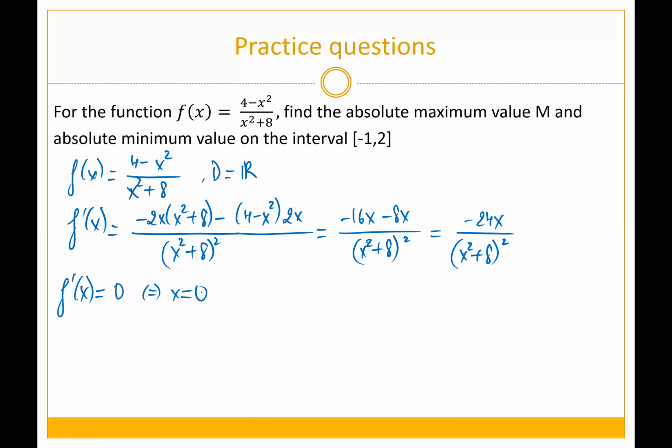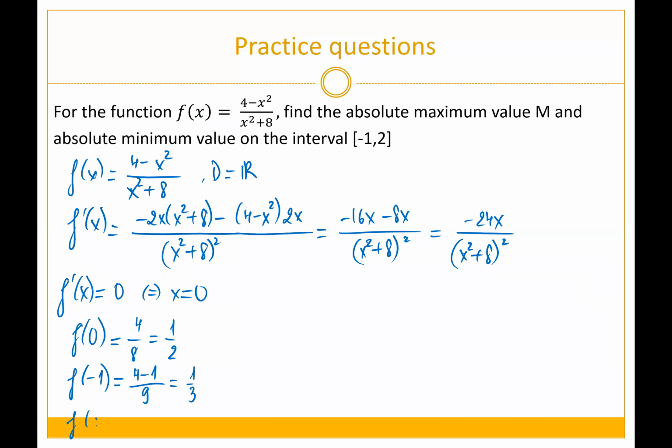Now to find absolute max and absolute min, you have to also check the points at the endpoints of the interval as well. So you have f of 0 first is 4 over 8, which is half. Then you have f of negative 1 is 4 minus 1 over 9, so it's 1/3.